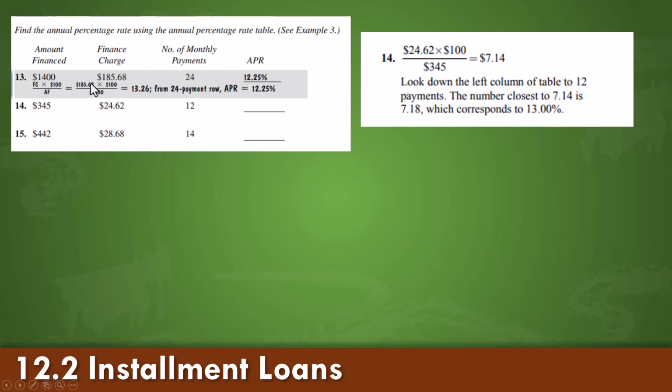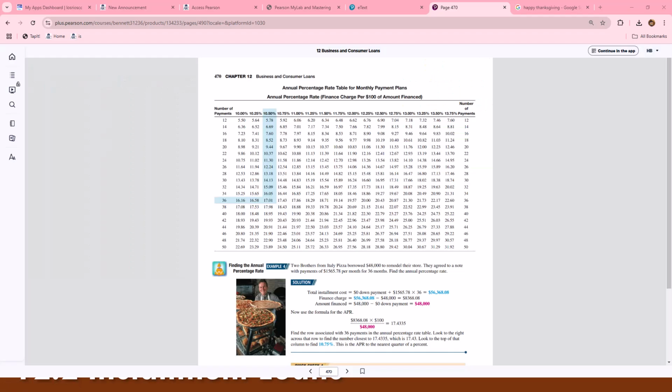So, our finance charge, 185.86 times 100. This will be over the 1400. That gives us 13.2. This is from the 24 payment row. The APR will then be 12.5%. Let's take a look at that table now.